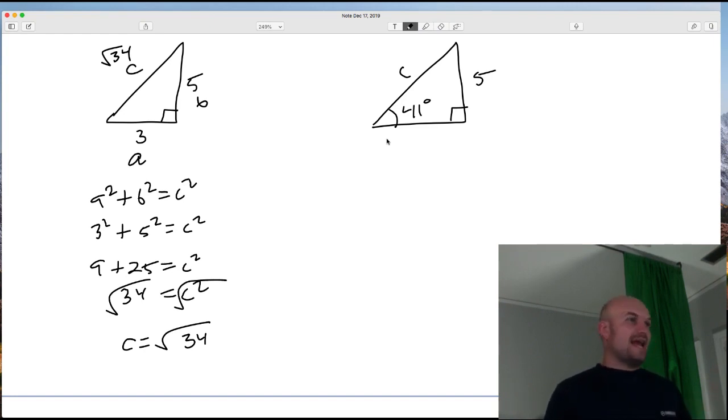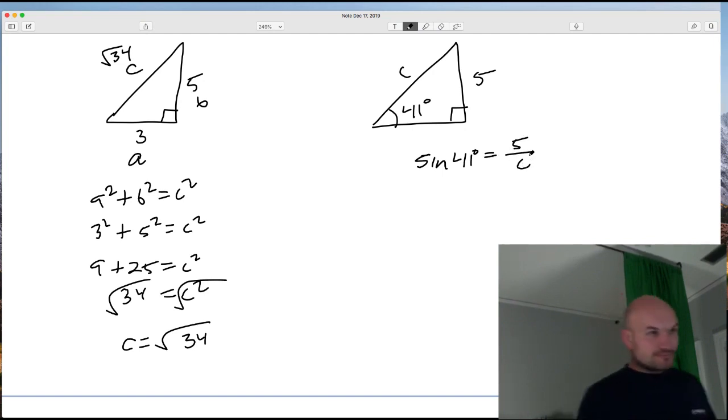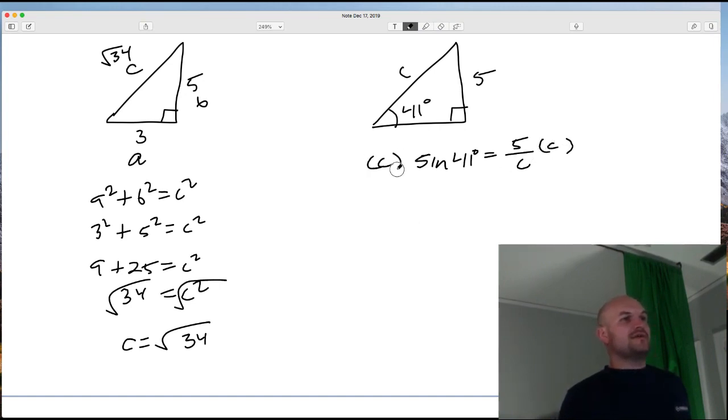In this case, our angle is 41 degrees. Based on that angle, we have the opposite side as well as the hypotenuse. So we're going to use the sine of 41 degrees equals opposite over the hypotenuse. To solve for C, we multiply by C on both sides, and then divide by the sine of 41 degrees.